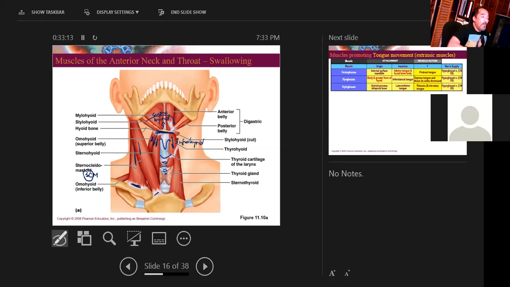So I'm going to identify these two superficial muscles just covering the throat. The most superior one is going to be your omohyoid. Remember, omohyoid is the muscle that goes from the scapula into the hyoid.